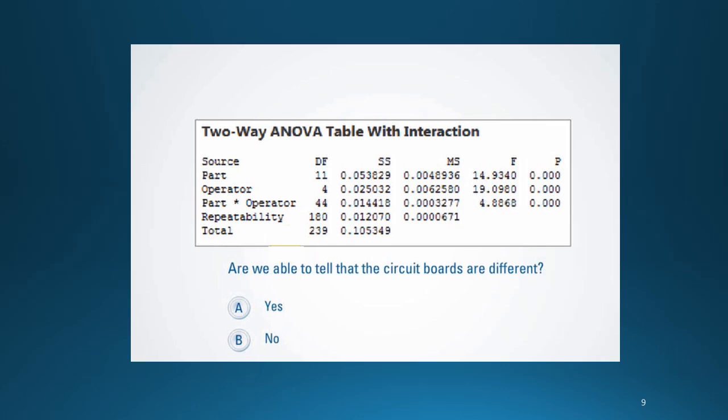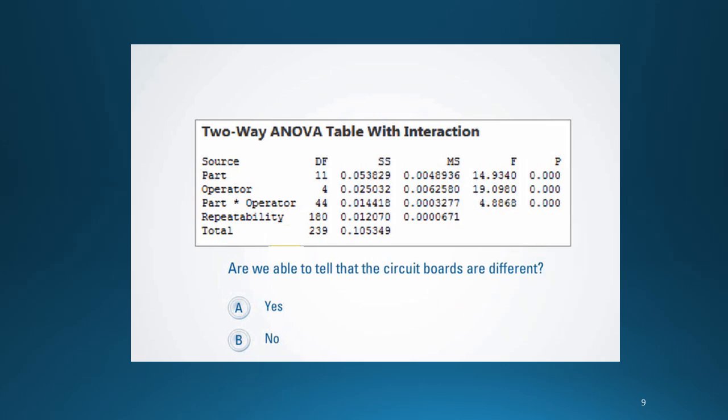A small p-value for the part occurs when we are able to distinguish differences among parts in our measurement system, and a large p-value for the part occurs when the measurement variation is too large relative to the between part variation. So are we able to tell that the circuit boards are different?